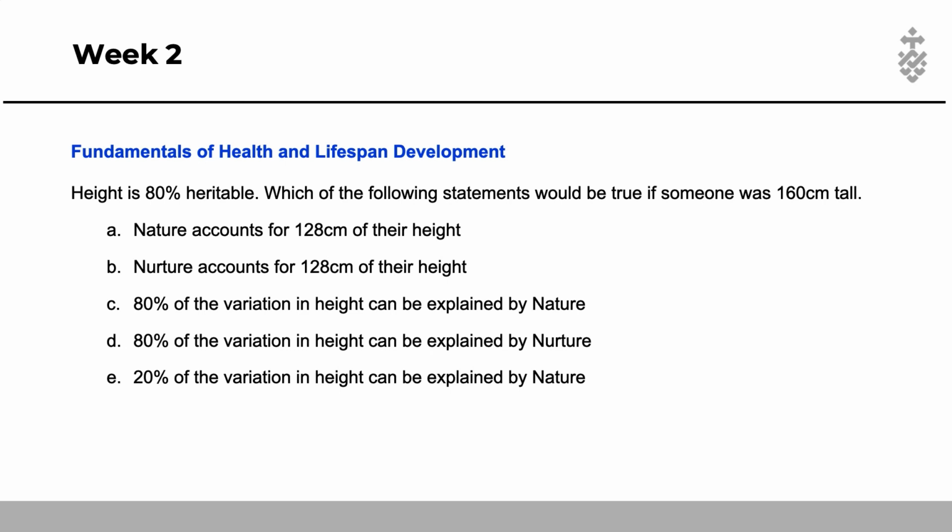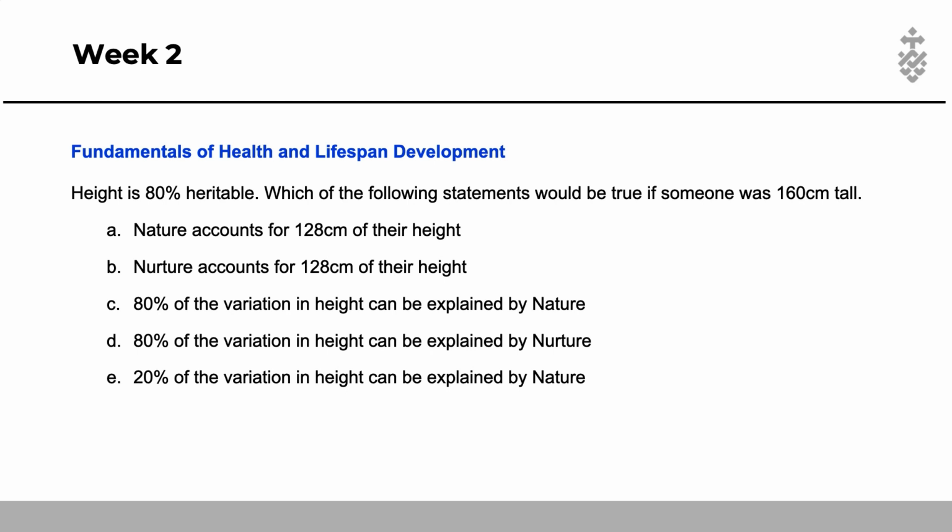So the first two say nature accounts for 128 centimeters of height, and the other one says nurture accounts for 128 centimeters of height. So in option A, they're saying that our genetics account for 80% of our height. Now, that seems like it could be true if we're told that height is 80% heritable.